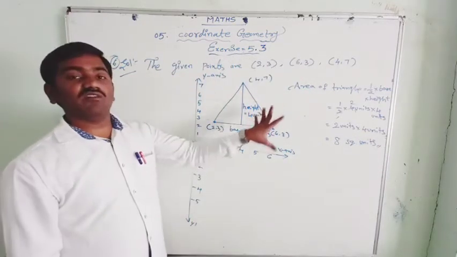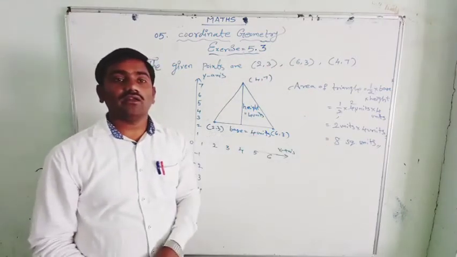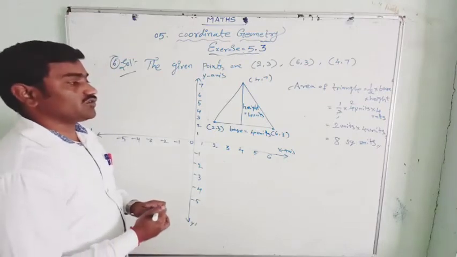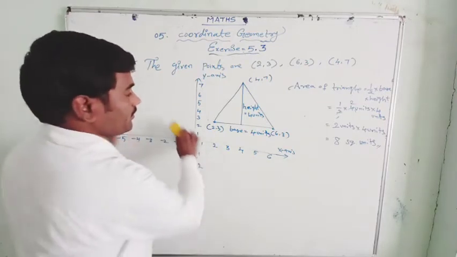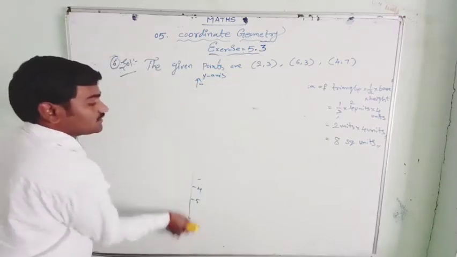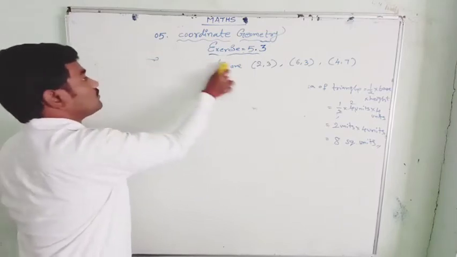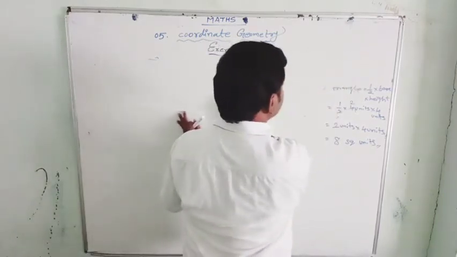So the area of the triangle formed by these 3 given points is 8 square units. I hope you understood. You have to do this on the graph paper so that you can understand more clearly what the base is and what the height is, and the difference between base and height. So now we go for the 7th question.